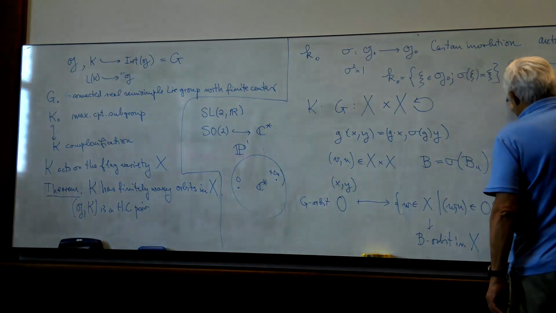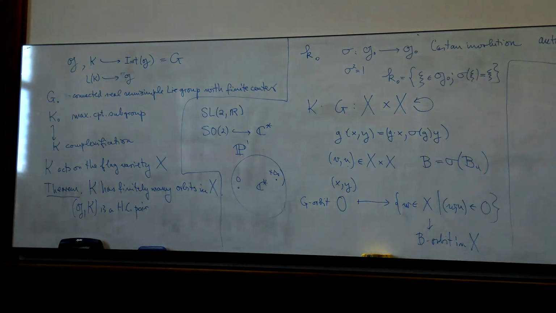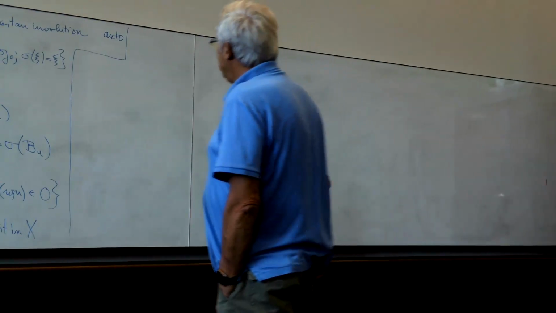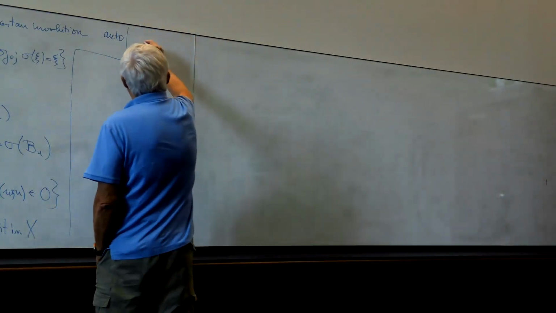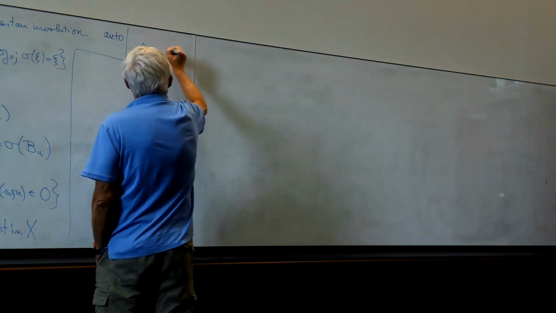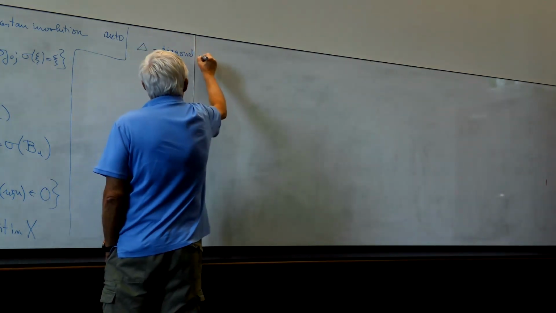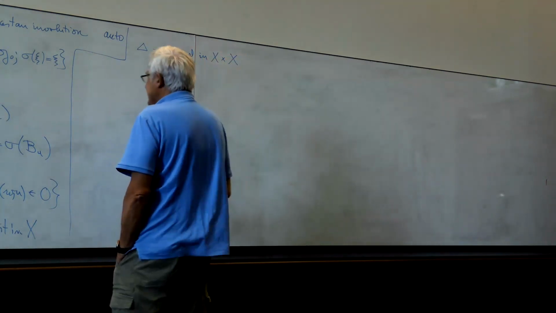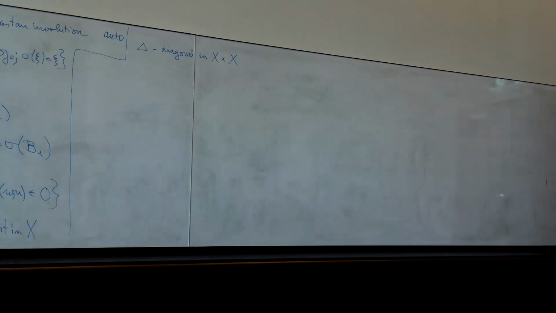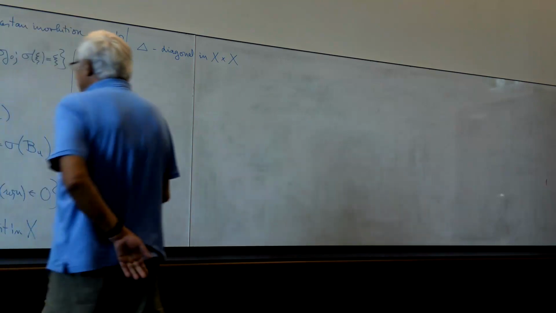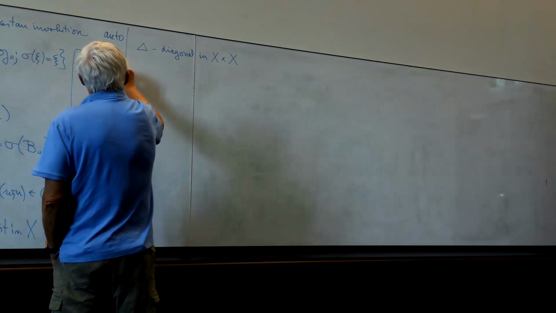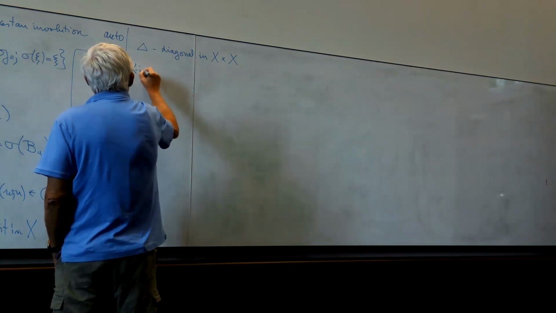And now we are going to do something more interesting. So we consider delta, the diagonal in X cross X. Then, first of all, by definition, the diagonal is K invariant.